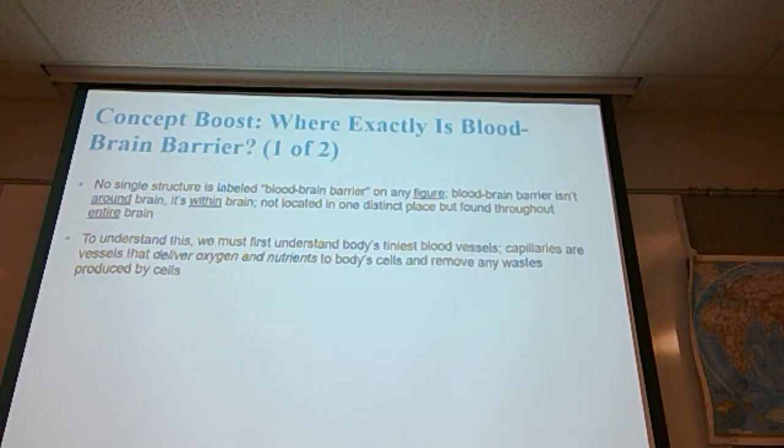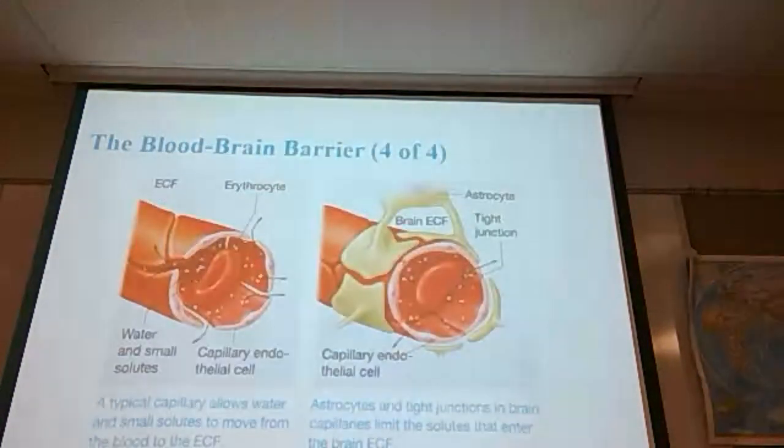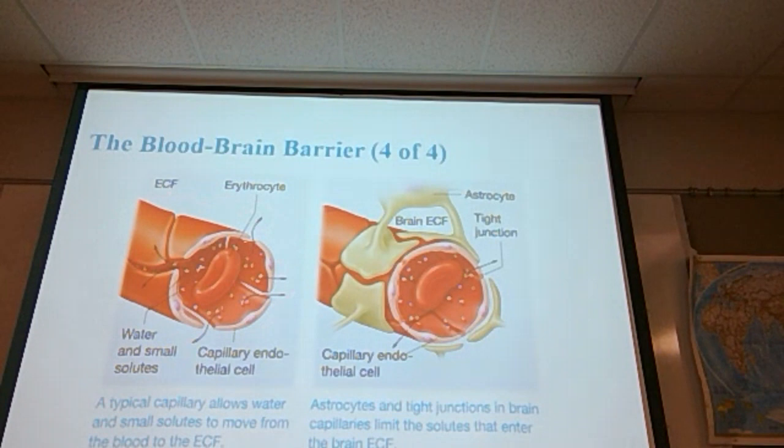The best way to think about this is you have to understand that the body's tiniest blood vessels, the capillaries, are designed to deliver oxygen and nutrients to cells and remove waste. So if we back up one, this is a typical capillary. And the way you see the opening, it is designed to let things leak out and leak in.